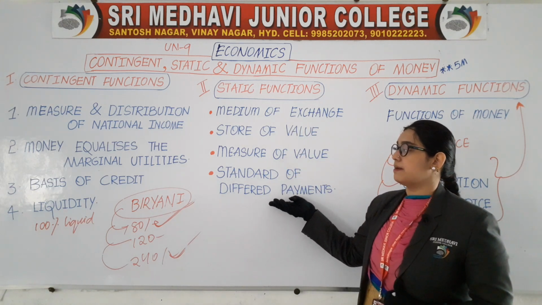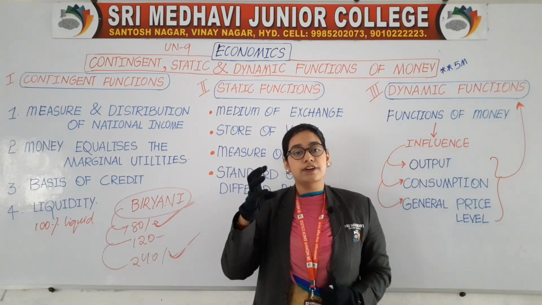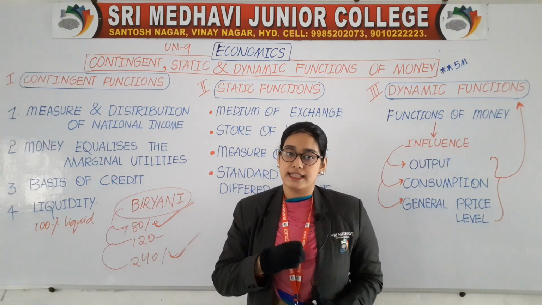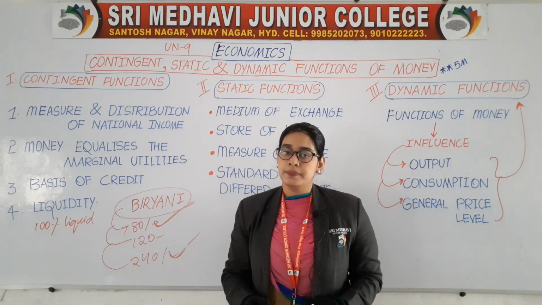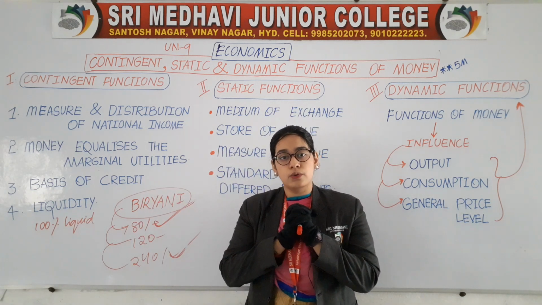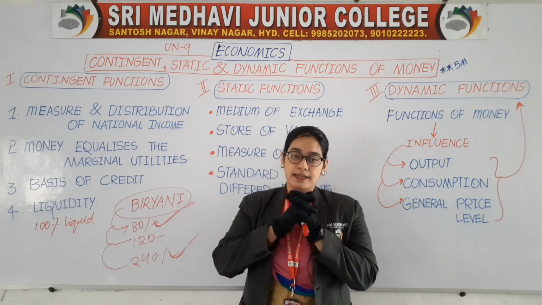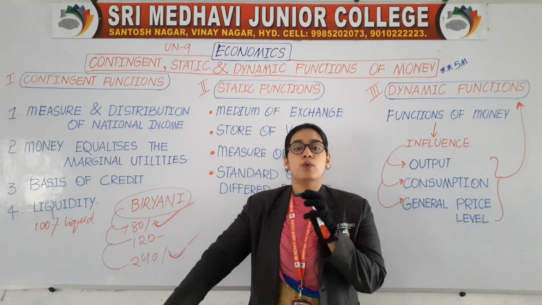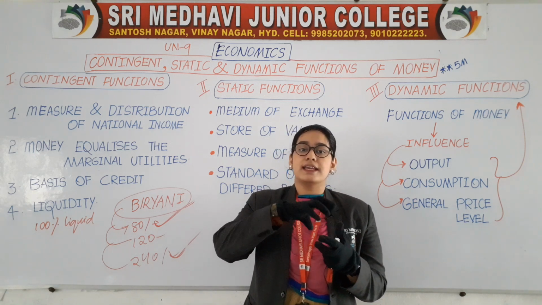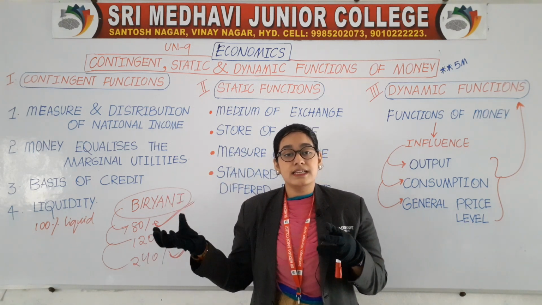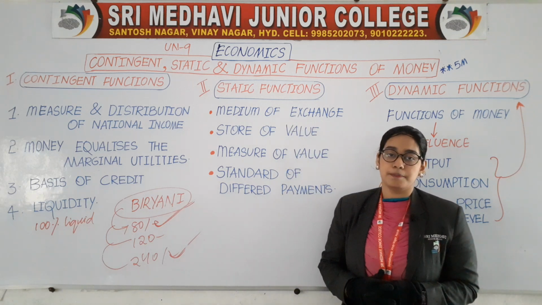Standard of deferred payments means whatever present transactions are there, you can repay them in future in terms of money. If I have taken a loan of 10,000 from XYZ company and said that after 1 year I will repay, that means after 1 year I can pay the money. So money has standard of deferred payments.